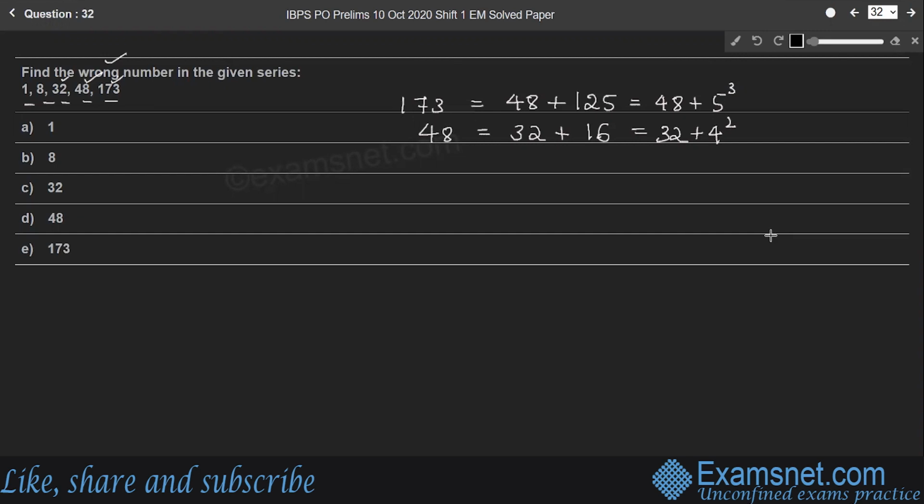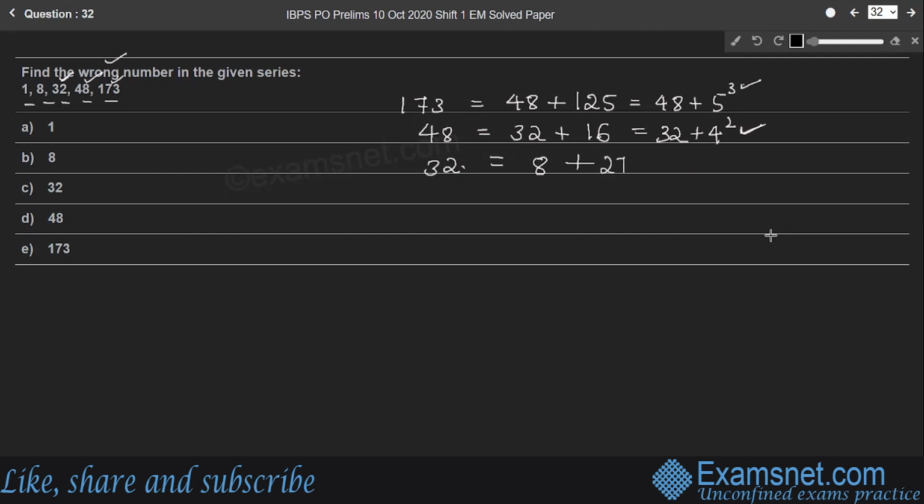So consider the next number, 32, previous to 48. 32 is obtained when a number is added to its previous number, which is 8. Look at the numbers 5 and 4. In the first case 5 cube is added, in the next case 4 square is added, so in the next case the number should be the cube of 3.